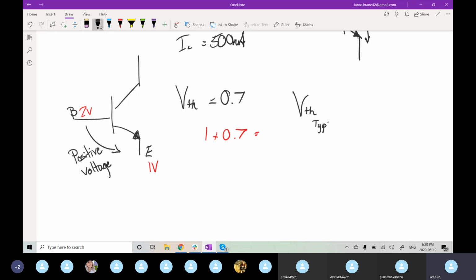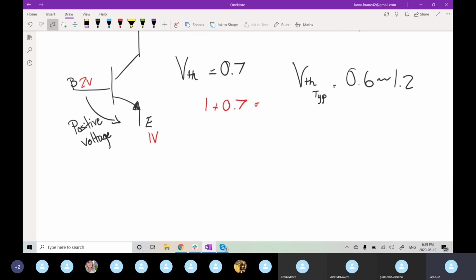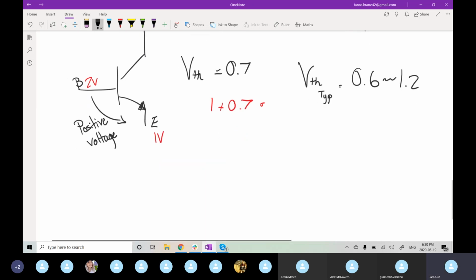Typically, I believe they're going to be 0.6 to like 1.2. It is going to be a low number, because I believe in essence what we're looking at here is 2 diodes.